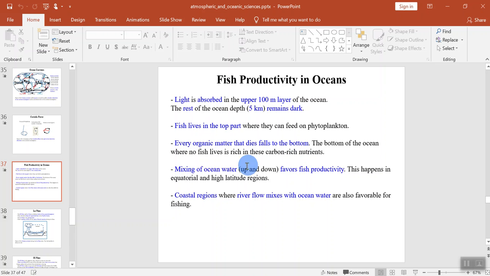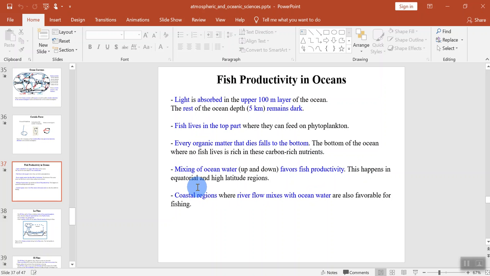The bottom of the ocean, where there's no fish living, is rich in nutrients. While the top part, where there's a lot of fish, there's not a lot of nutrients. But there's mixing of ocean current up and down that favors fish productivity because it brings these nutrients to the top.